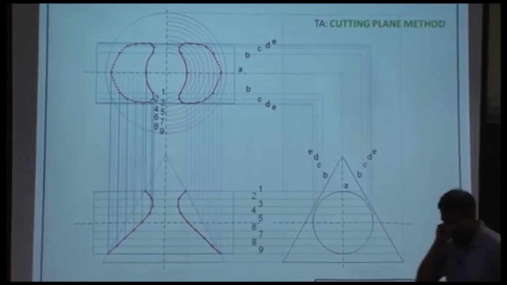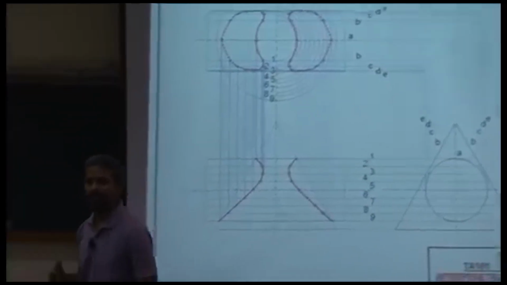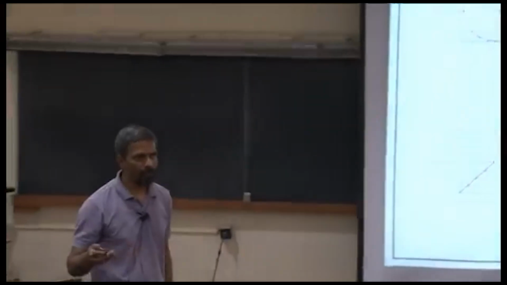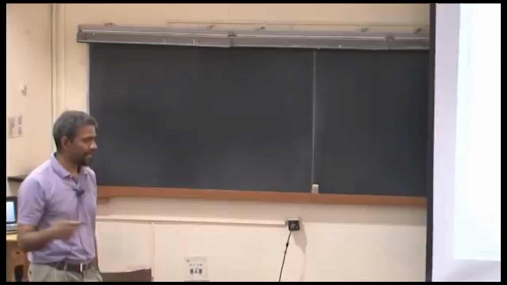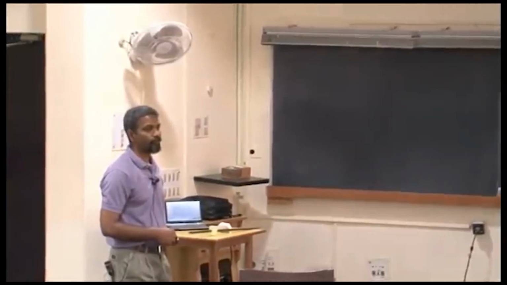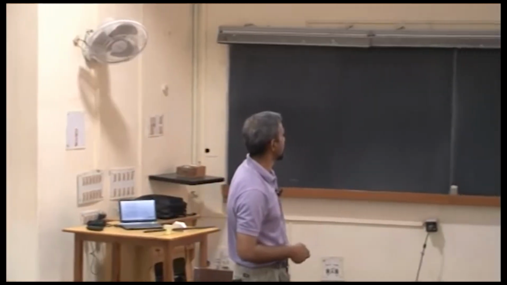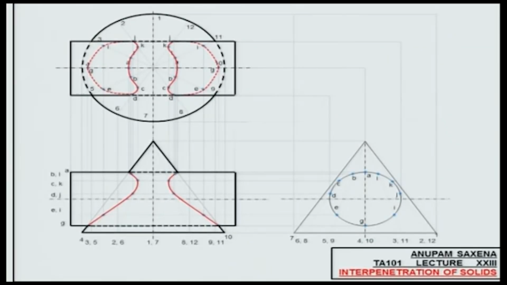If you do 3D modeling in AutoCAD, take the cone of the same size, take the cylinder of the same size, get the cylinder into the cone, perform intersection, and if you try to compare that with what we have, they are identical.